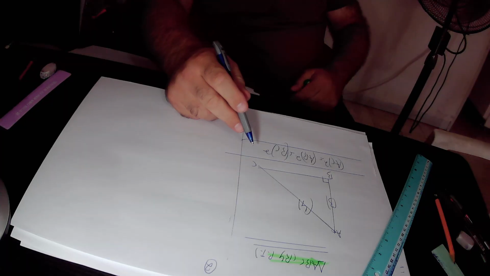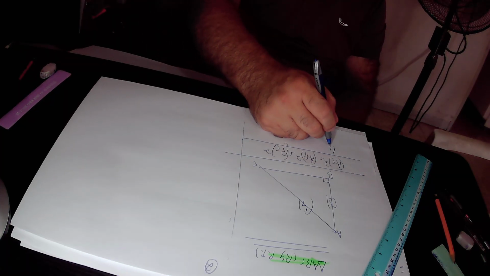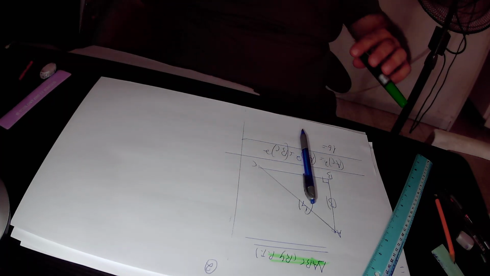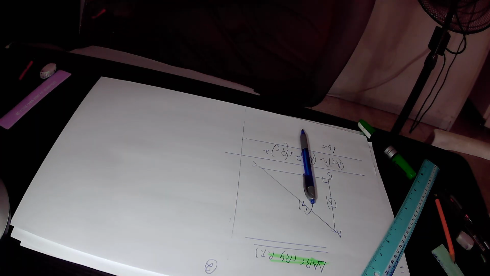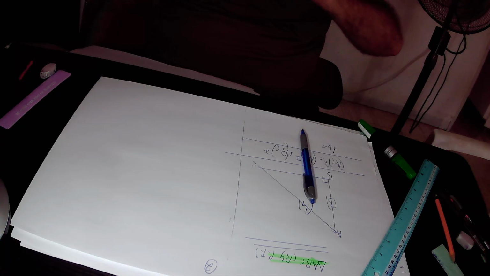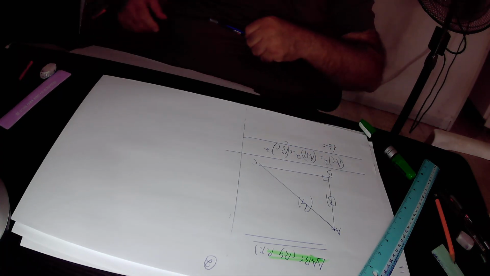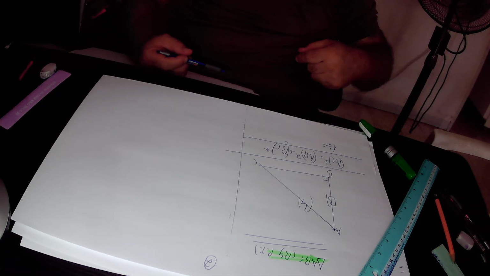AC is 4, therefore AC squared is 4 squared, it is 16. And it is equal to AB squared.